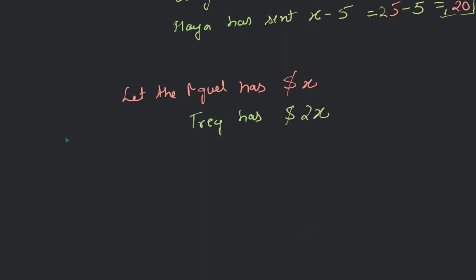And Jane has $10 less than Miguel, which means she has X minus $10. Now the total amount they have in their wallets is $70. So Miguel has X, Trey has 2X, and Jane has X minus 10, and their total becomes $70.